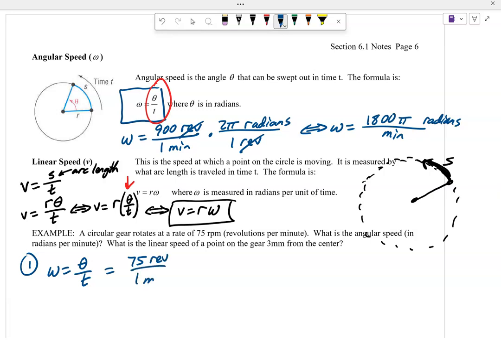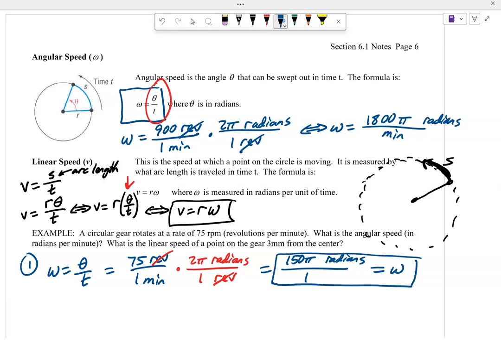It's going around 75 times per minute. And now let's do that in terms of radians. We know that there are 2 pi radians for every 1 revolution. And so we end up with 150 pi radians per minute. And that's our angular speed, right? There's our angular speed, 150 pi radians per minute.